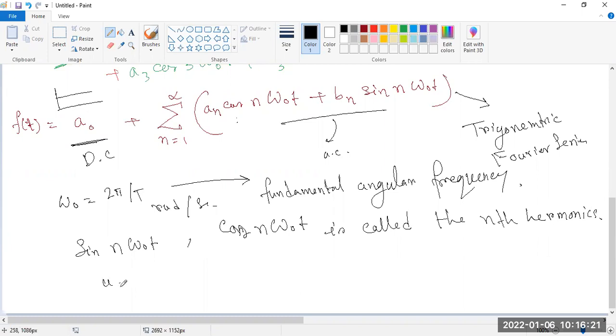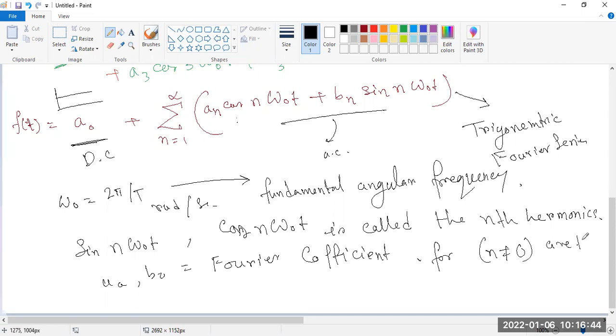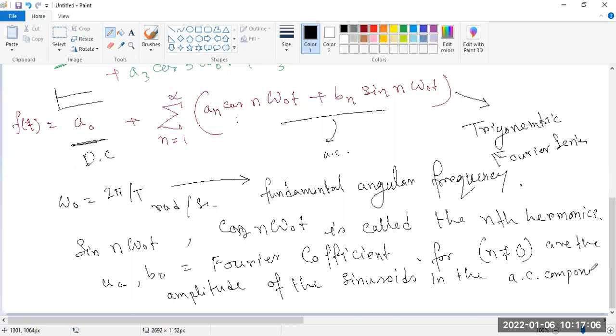Okay, and this a0, b0 is called the Fourier coefficient. And now for n not equal to 1, these are the amplitude, the AC component.